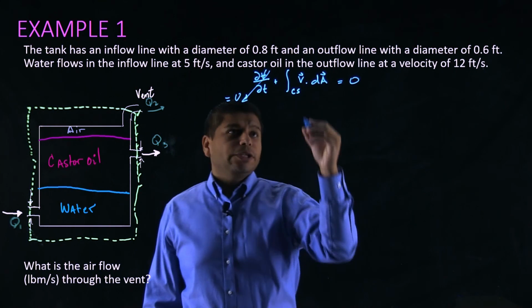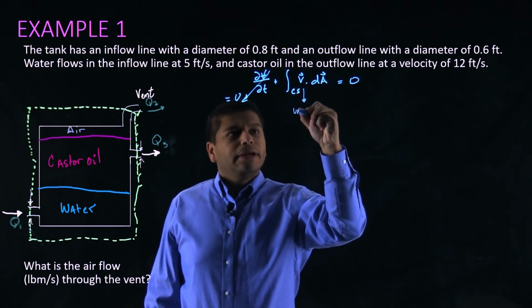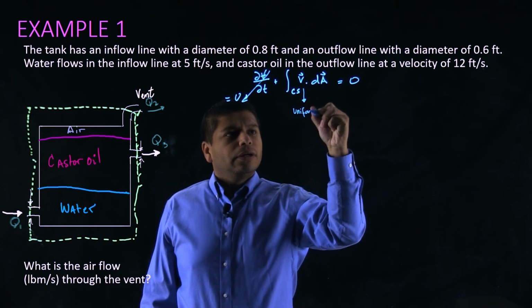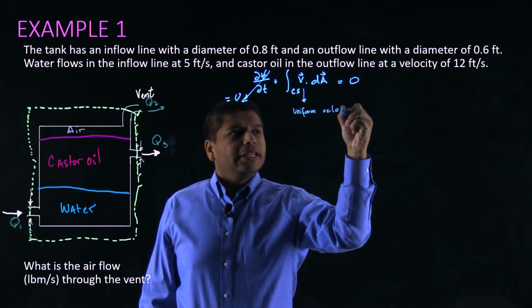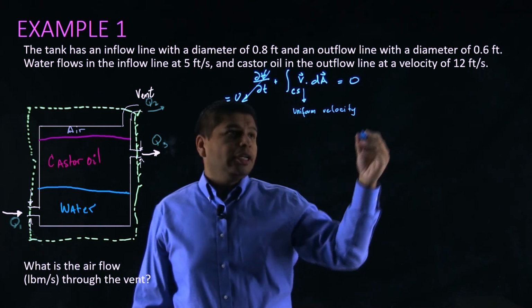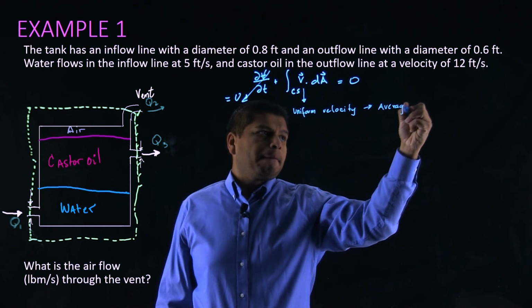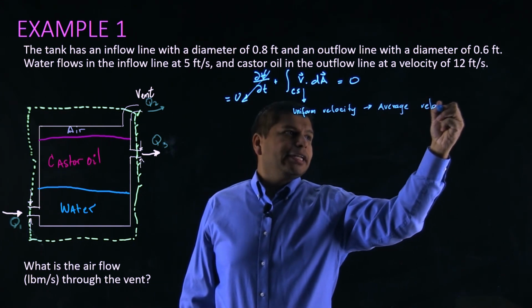When we also have a uniform velocity here, we can take it to be an average velocity term.